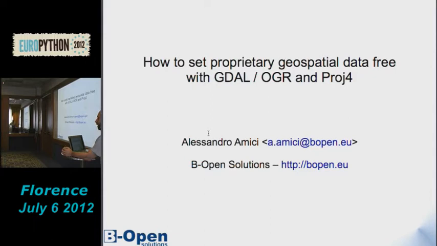The way to translate that to standard formats has some common features, and I will use the official Italian cadastre data, that is the legal definition of properties in Italy, which is distributed by the Italian institution in a proprietary format, as an example to see what support Python and open source libraries give you to do the translation.